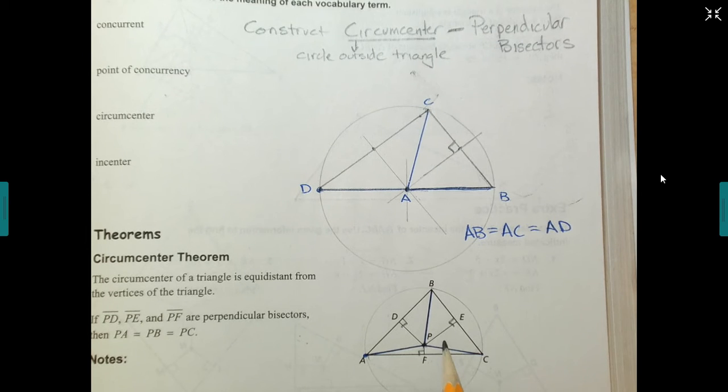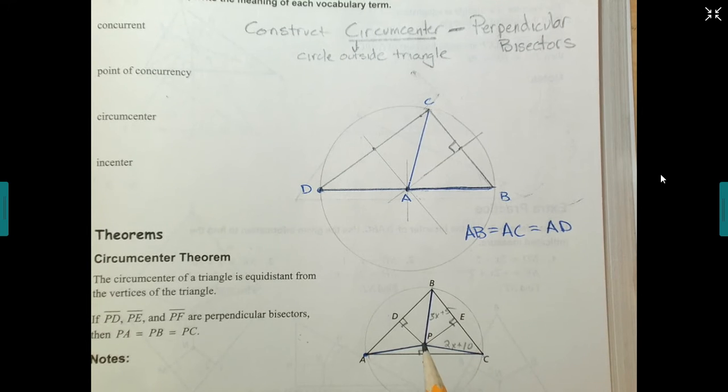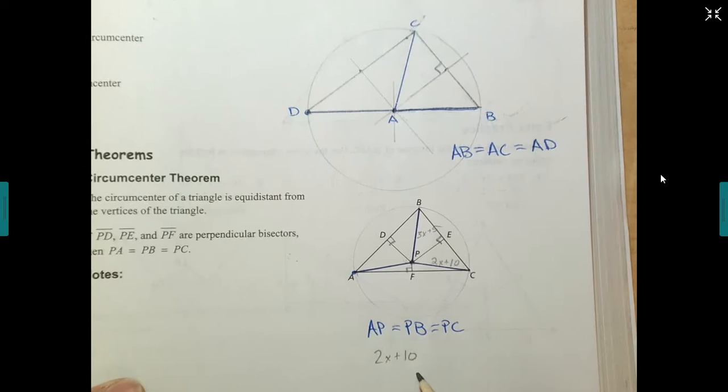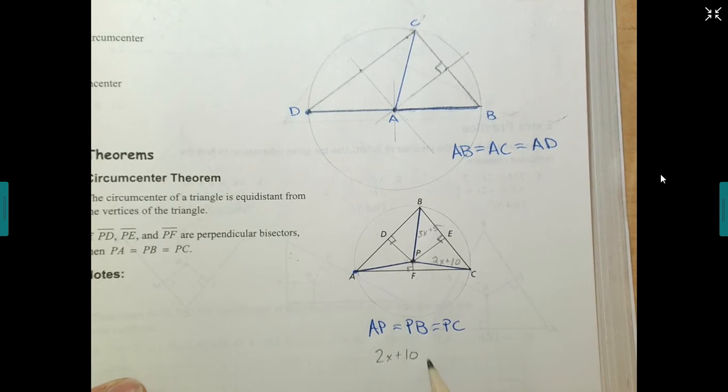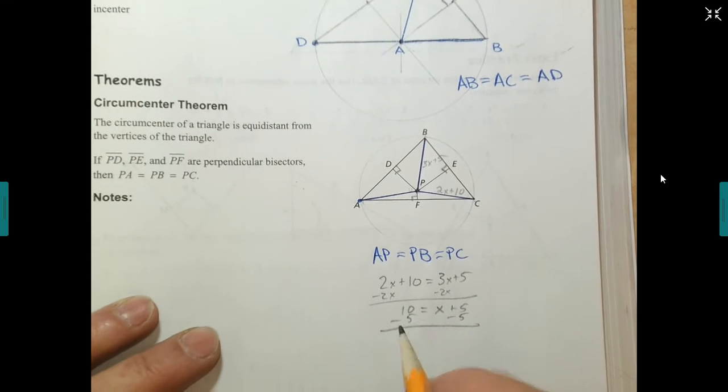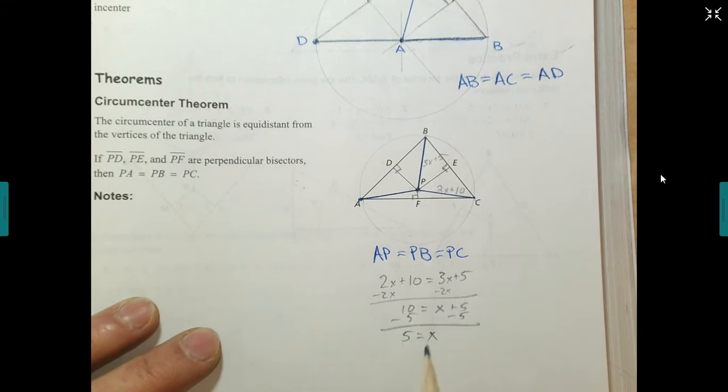So if you were to have something like 2x plus 10 and 3x plus 5, you would be able to say, oh, well, PC equals BP, and you'd be able to make this 2x plus 10 equals 3x plus 5, and you'd be able to solve that and get x equals 5.